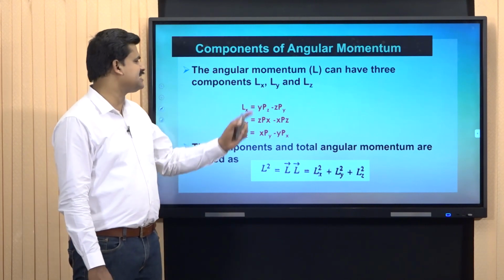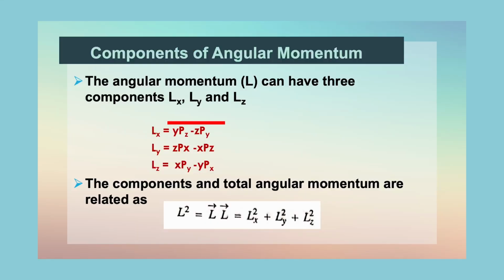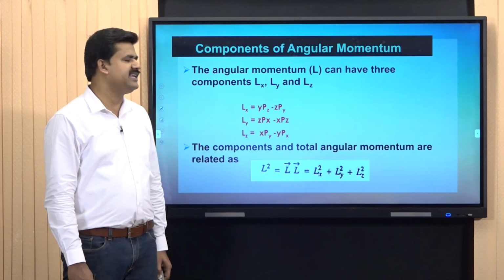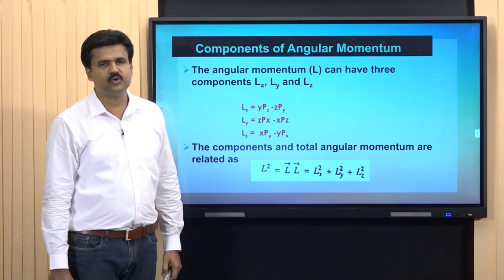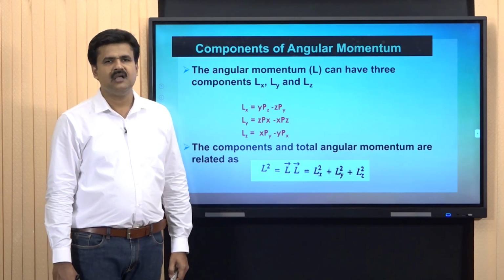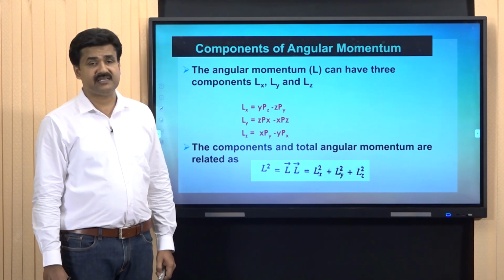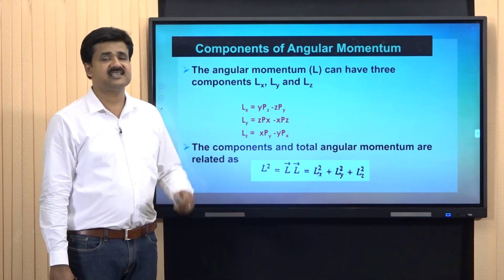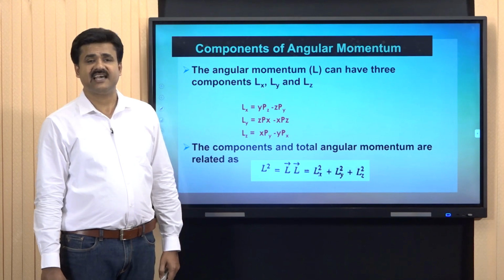Lx is given by the expression Lx is equal to y into pz minus z into py. Ly is equal to z into px minus x into pz. And last, Lz is equal to x into py minus y into px. Here, px, py and pz are linear momentum components along x, y and z directions.